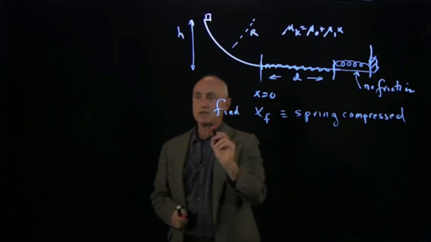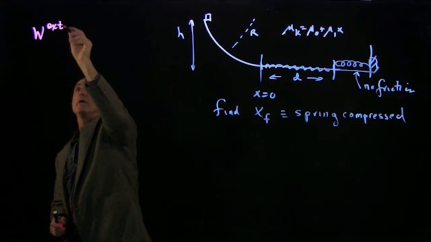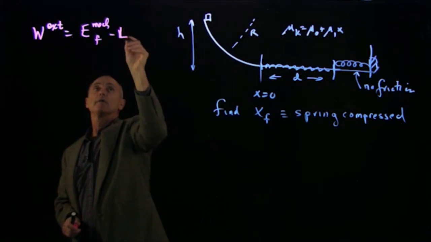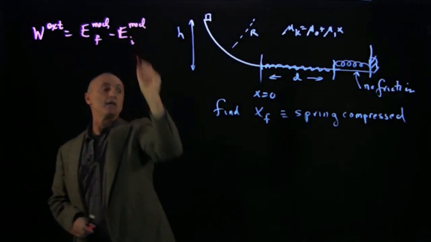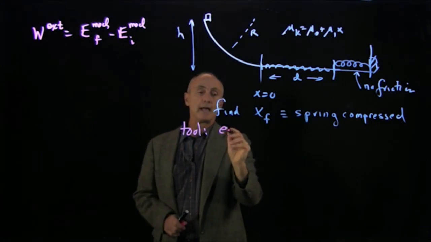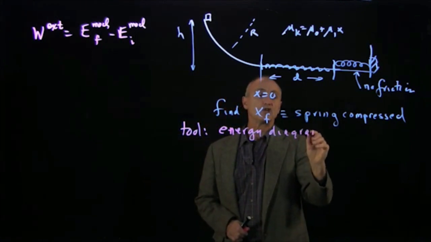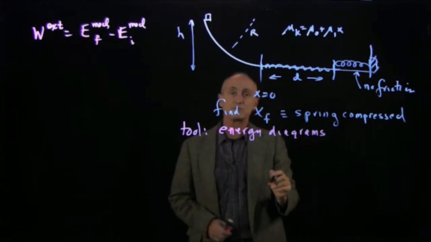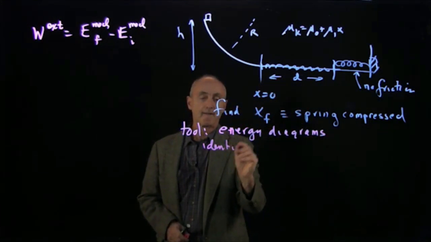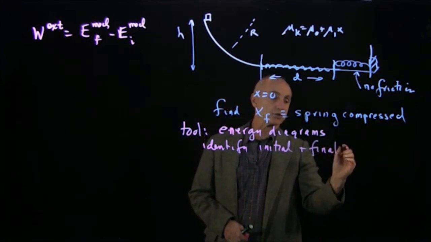Well, the key is to use our energy principle, where we have W external equals the change in mechanical energy. And the tool that we're going to use is what we call energy diagrams. We want to first identify the initial and final states that we're referring to.